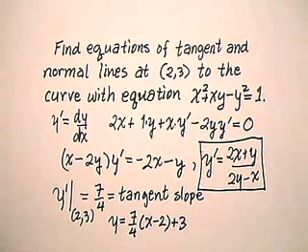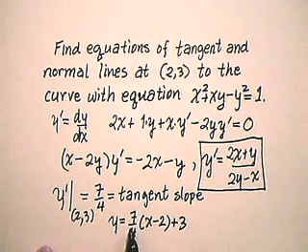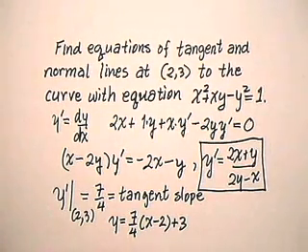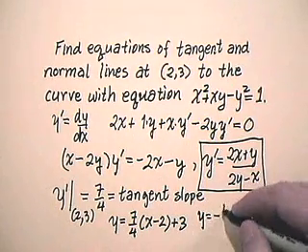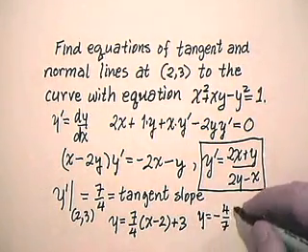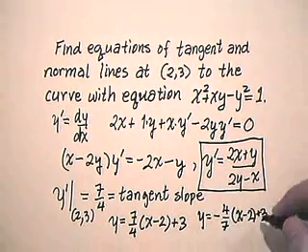How about the normal line? Well, remember, the normal line is simply perpendicular to the tangent line, and so all I do is replace the 7/4 by the negative reciprocal, negative 4/7. So we would have the equation y equals negative 4/7 times (x minus 2) plus 3.